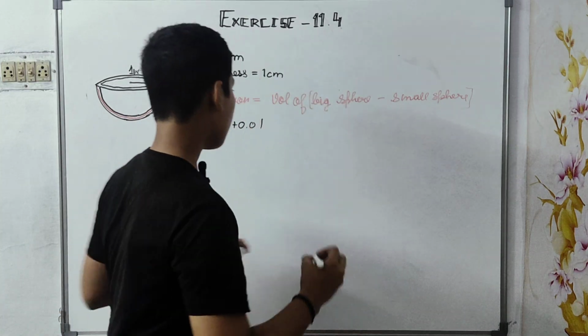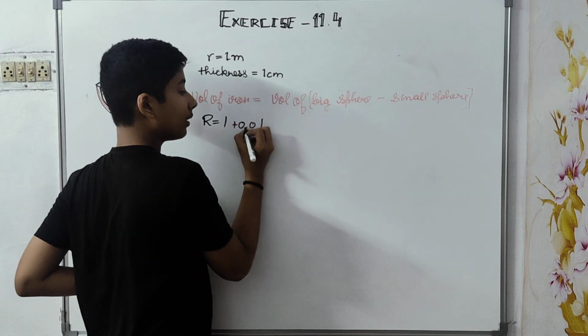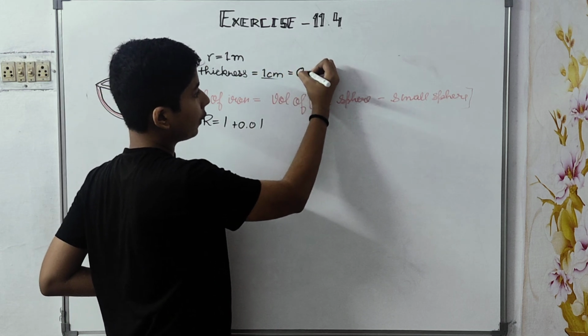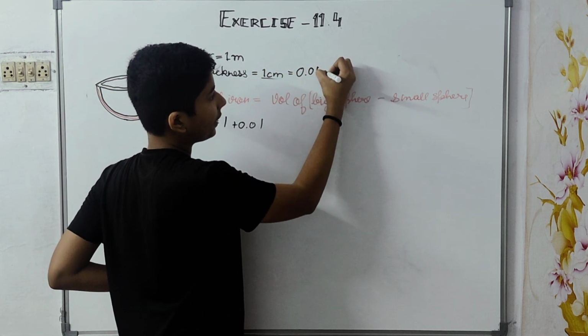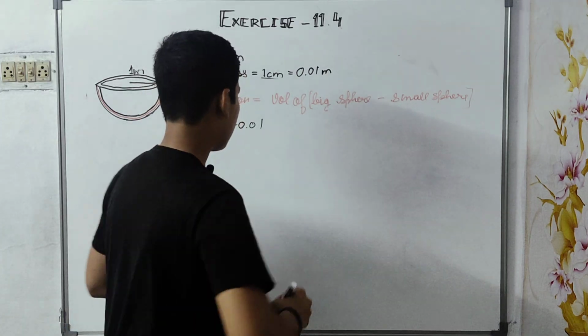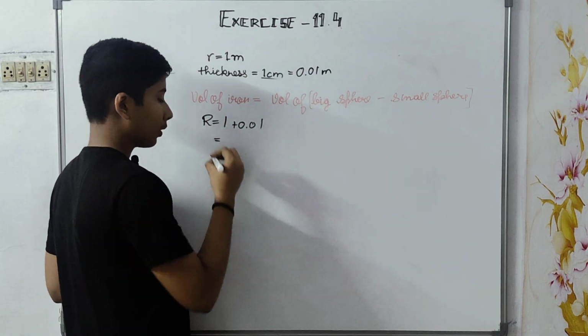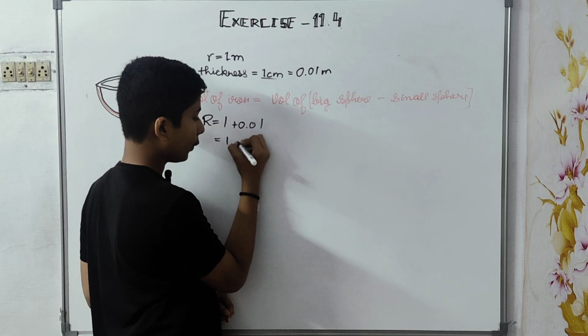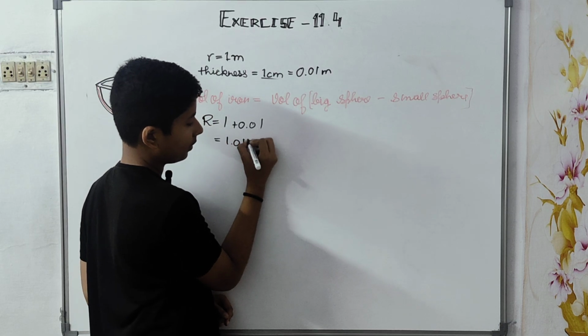Why? Because 1 centimeter equals 0.01 meters. This you have to do. So it would be like 1.01 meter.